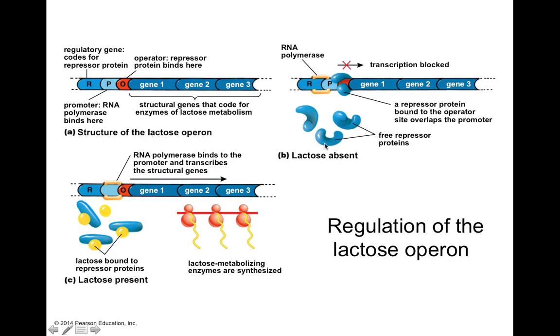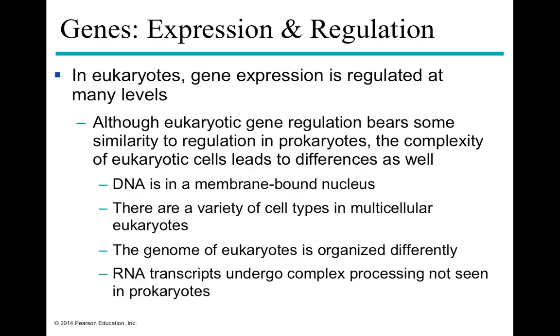But when lactose is present, lactose itself binds to the repressor proteins. You can see this conformational shape change, so they're no longer able to bind around the operator. That allows RNA polymerase to go right on through the operator and transcribe genes 1, 2, and 3, and that allows us to synthesize the lactose metabolizing enzymes that we need to break down lactose to be able to digest it. All right, so that's very, very simplified, and that's prokaryotes.